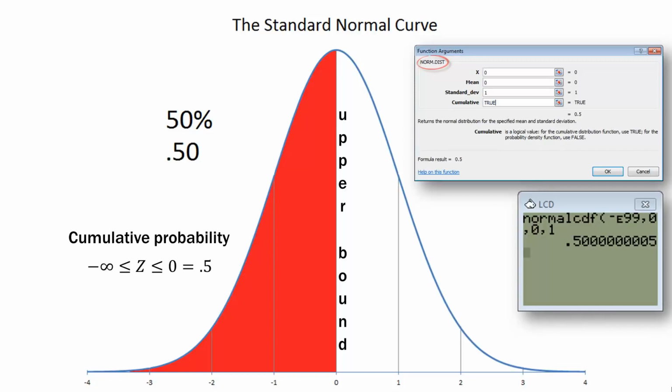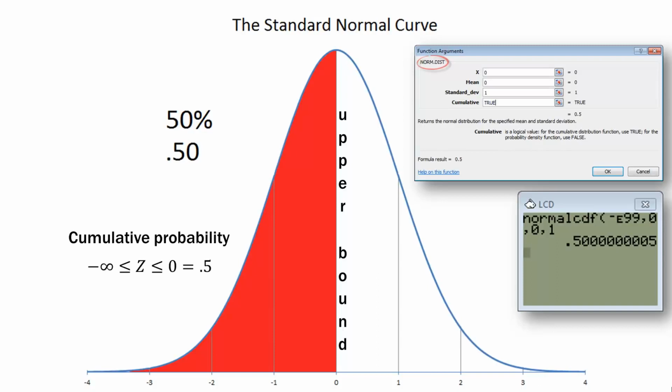Now it requires 4 parameters. The first one is the lower boundary. In this case, the lower boundary is negative infinity. There is no negative infinity button on the calculator, so we use the negative e to the 99 button, which is there in the middle of your calculator. That gives us a very large negative number. Comma, 0 is the upper bound.